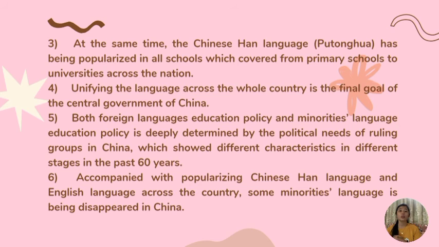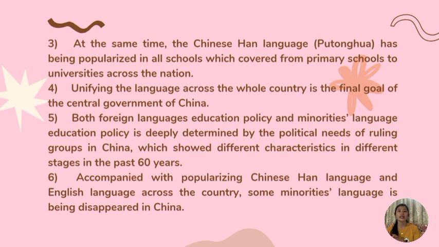For our third conclusion, at the same time, the Chinese Han language, or Putonghua, has been popularized in all schools, from primary schools to universities across the nation. Fourth, unifying the language across the whole country is the final goal of the central government of China.